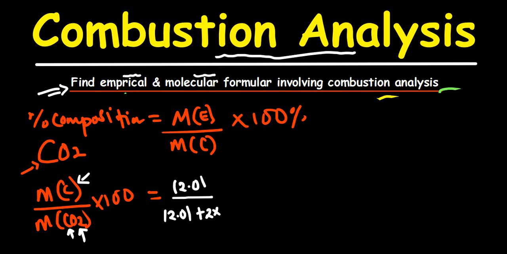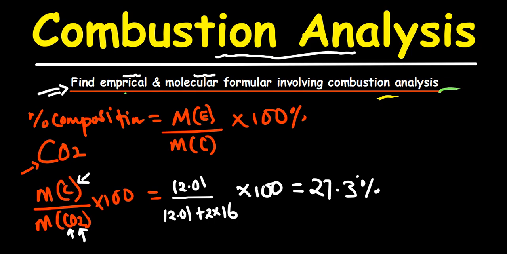We are going to get 16 there. So this is what we have, and then we multiply by 100. Just get your calculator and punch this value. When I punch this value, I'm getting 27.